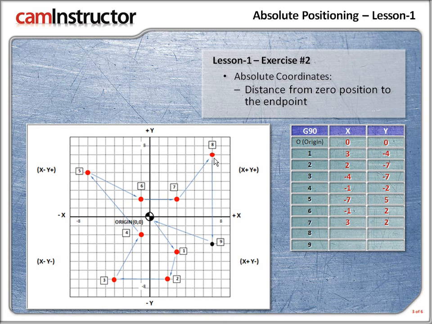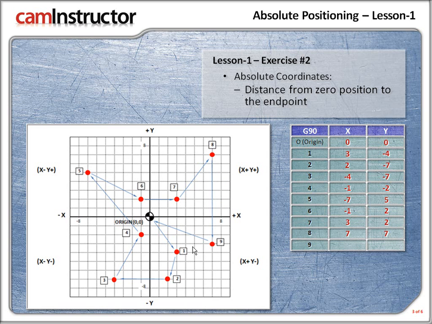And here we go on our journey off up to position 8. So the x is going to be positive 1, 2, 3, 4, 5, 6, 7 in the x, and the y, 1, 2, 3, 4, 5, 6, 7, same thing, 7. So for position 8, x is 7 and y is 7 as well. Now our last one, position 9.